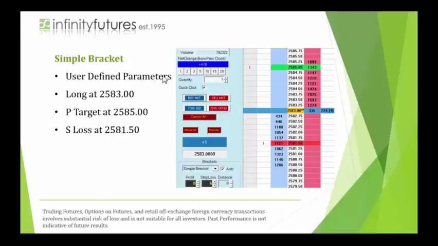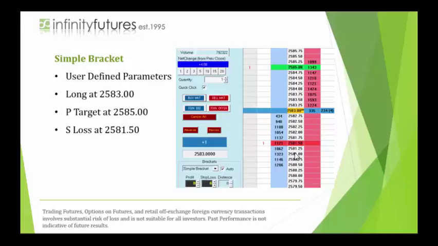So the idea here is all of these positions and these legs of these orders are put in at the same time with a single click of the mouse. And then when one of the legs of this trade gets filled, the other one automatically cancels. That's the OCO part about it. So if we were able to get a profit up here at 25.85 even, then this 25.8150 stop would be canceled.